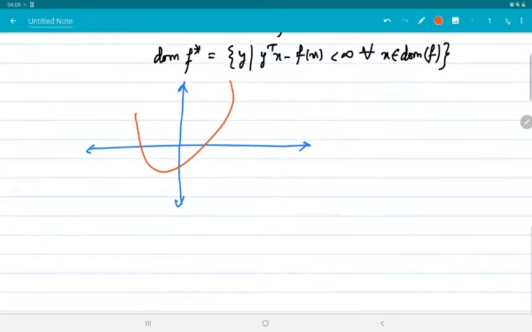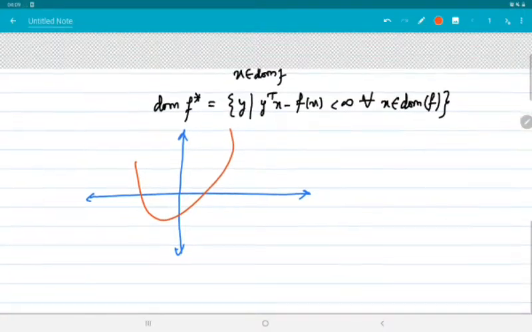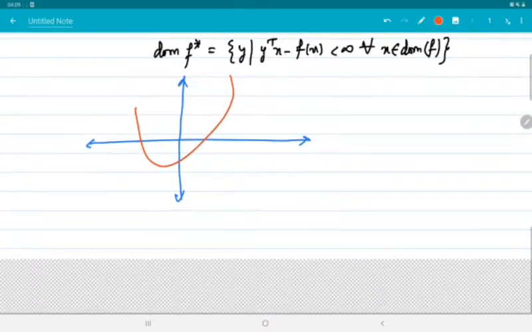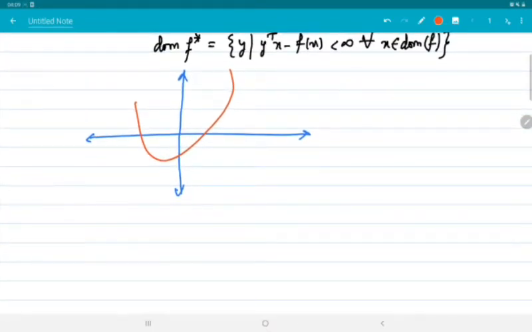The line which is y transpose x will be something which is passing through the origin and which has a slope.